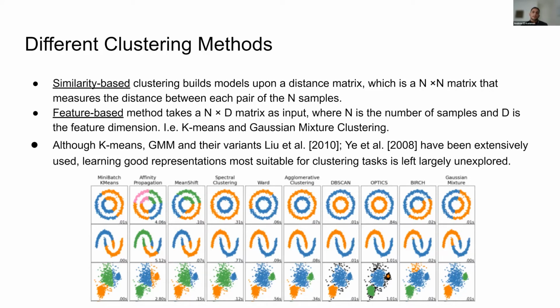Although k-means and Gaussian mixture models are used extensively, learning good representations that are most suitable for clustering tasks in deep neural networks is left largely unexplored. And that's one of the topics that the variational deep embedding tries to address.